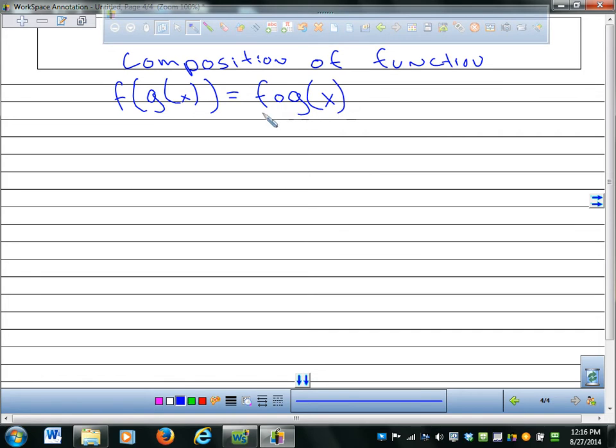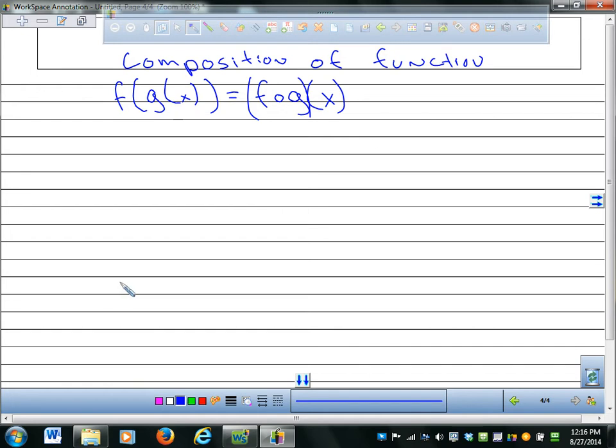Sometimes they write it just like that, it looks like fog, right? But that's a little open circle. It's f of g of x, okay? And this function over here.